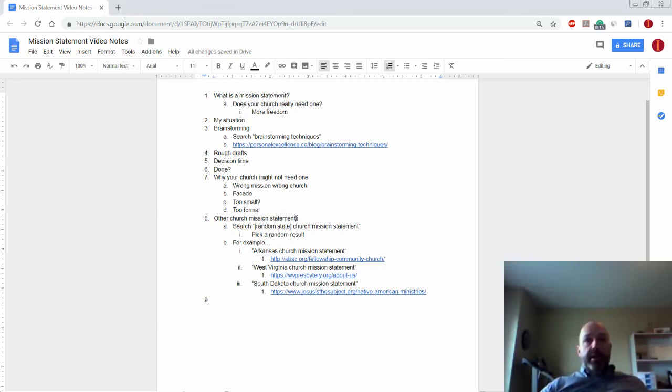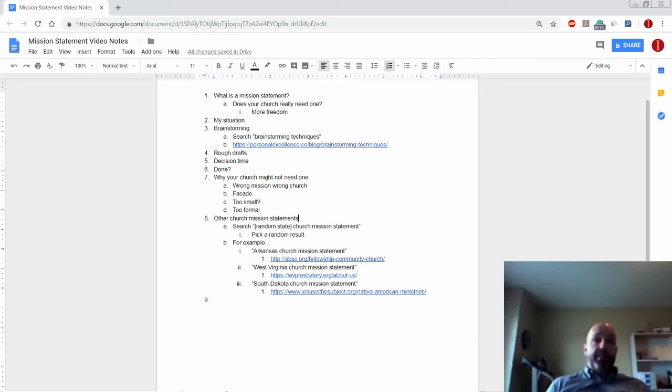So, like I mentioned, if you reached gridlock and you feel stuck, and even the steps that I outlined earlier are just not getting you anywhere, then you might look to other churches' mission statements for inspiration, to borrow them, to tweak them and make them your own.